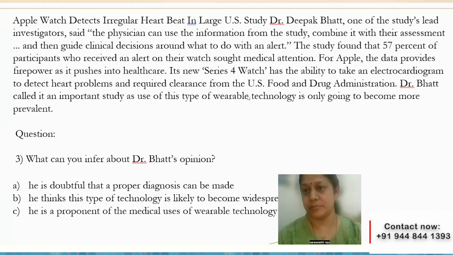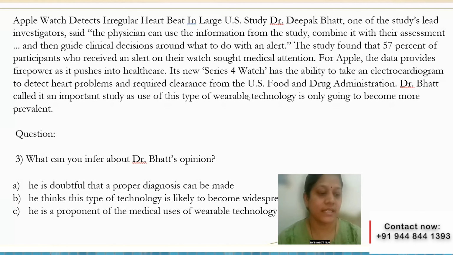So in the text, clearly they are talking about this Apple Watch detecting the irregular heartbeat. Okay, they found it, they already cleared that in one of the studies.